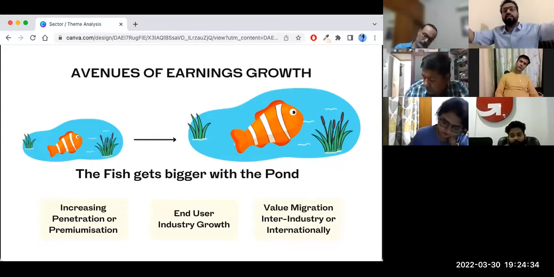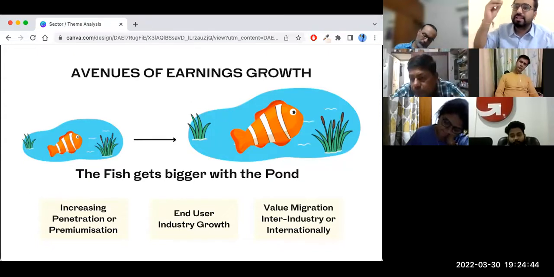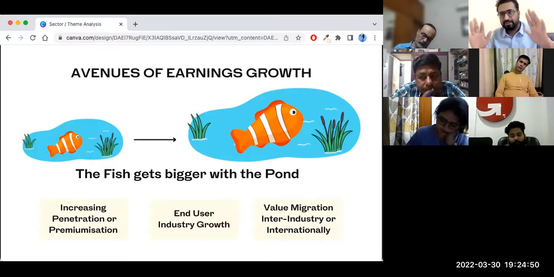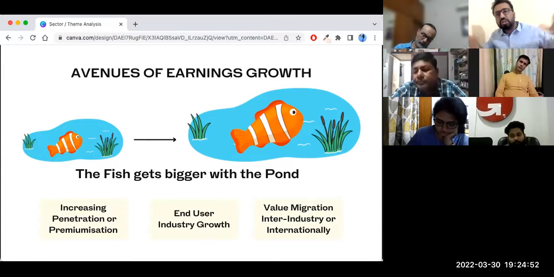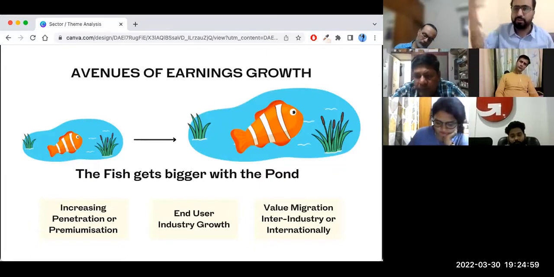Just because the industry is increasing, each company within that industry is growing really big. And it will be growing at almost the same pace. Let us say the air conditioner industry is growing at 25% every year. If the market share within that industry does not change, each company will be growing at 25%.